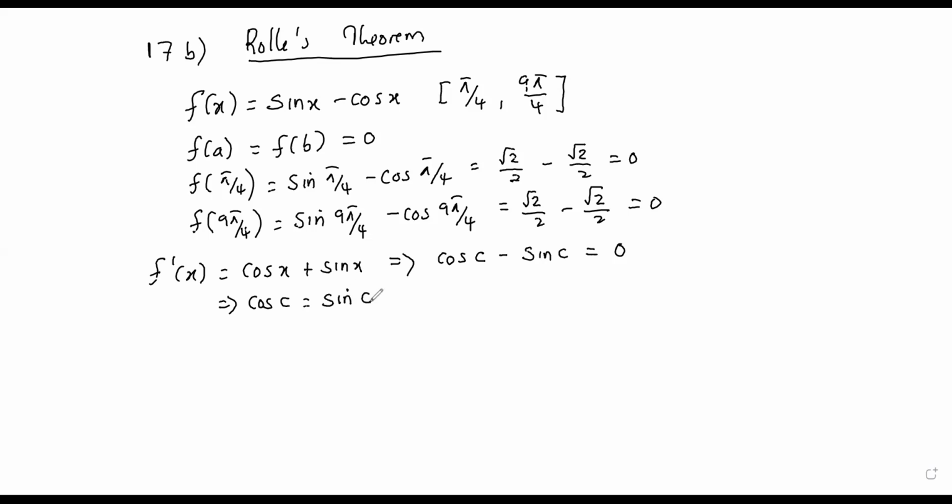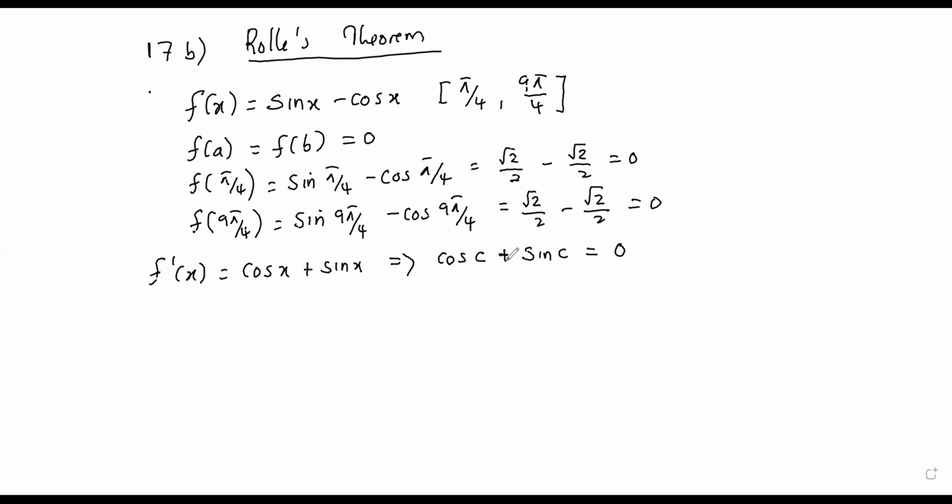So where are these guys equal? They are equal in the first quadrant at 45. What happened? Where did I find the minus? This is plus.